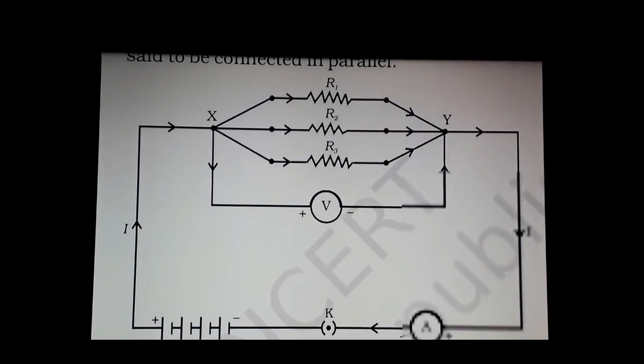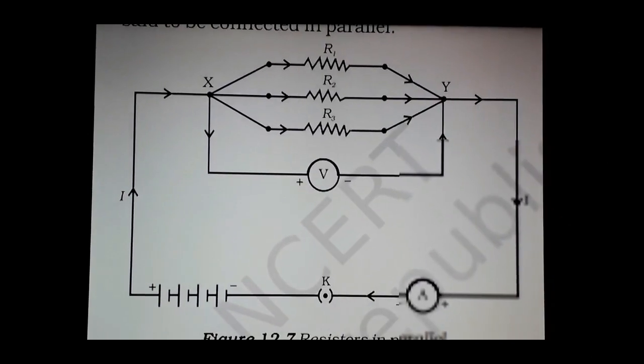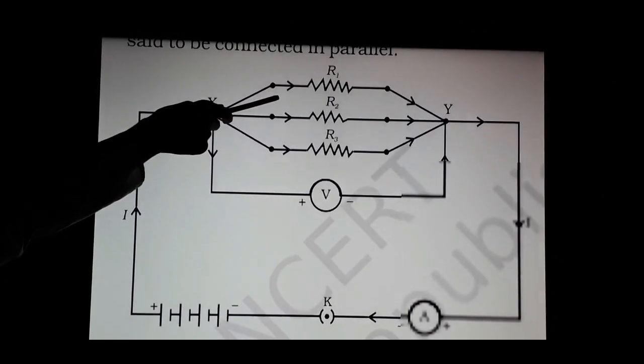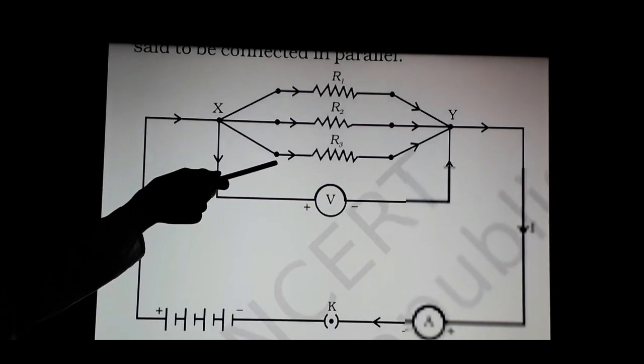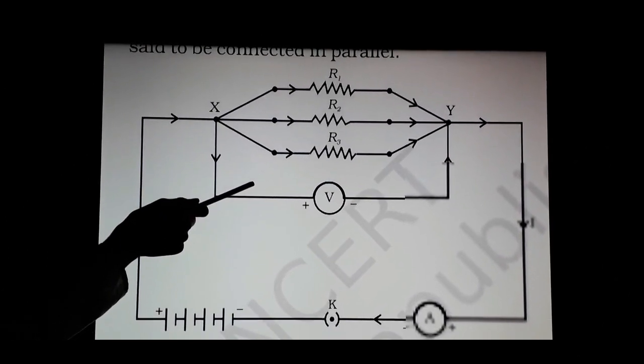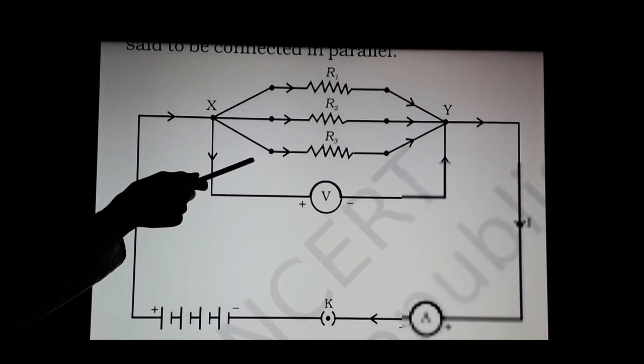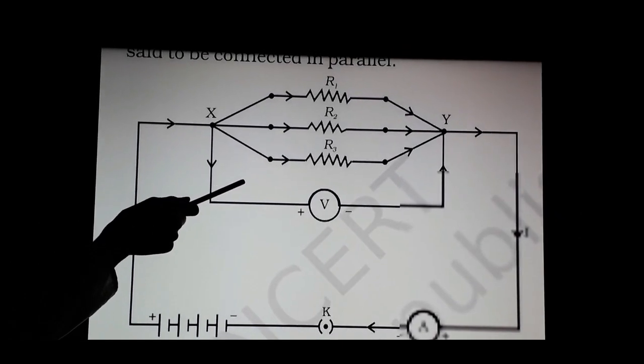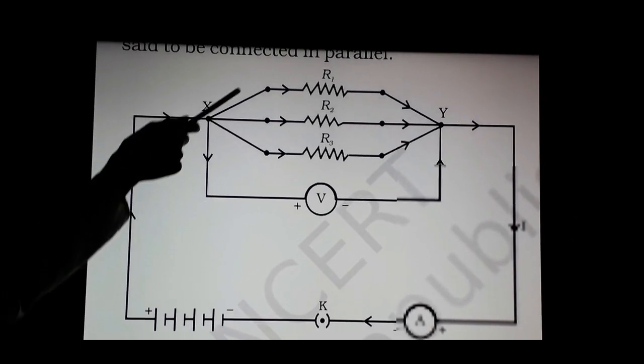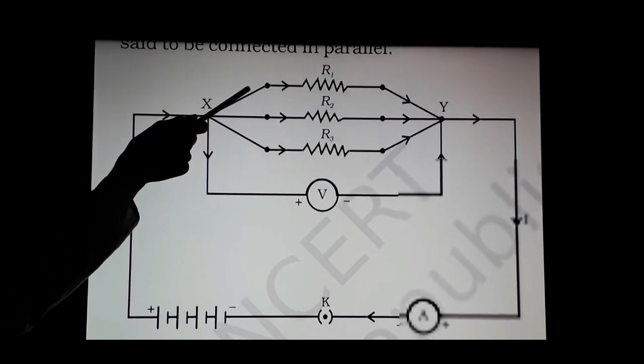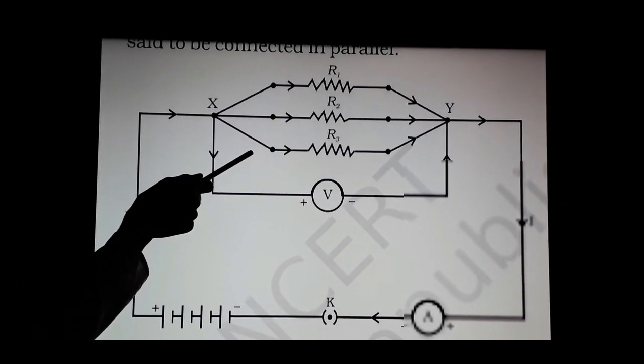The advantage of this type of combination of resistors is that if one lamp shuts down, then the other two will remain lit. For example, we have three lamps in our resistors which are in parallel. Then if one lamp shuts down, the other two will remain lit.